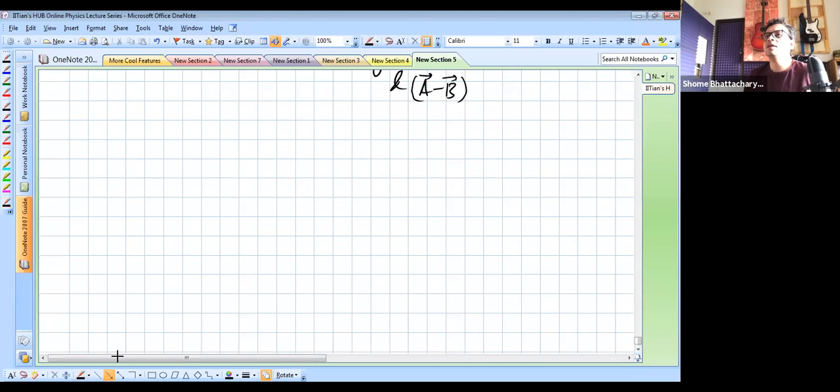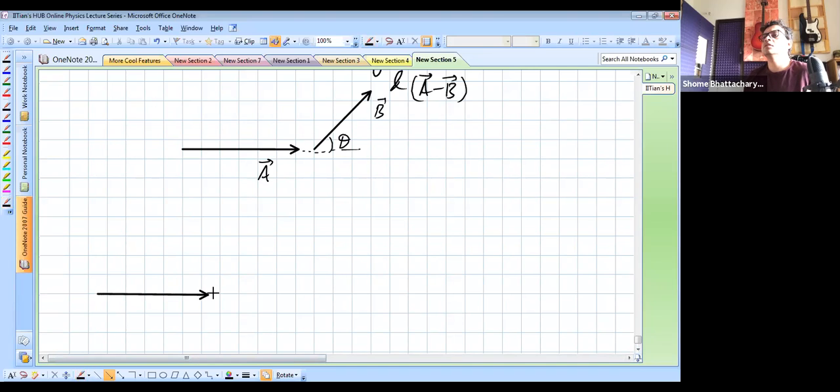Okay. So what happens is, given a vector A and given another vector B, and the angle theta between them, let us just quickly draw the sum and difference triangles first. So the sum triangle looks like this.